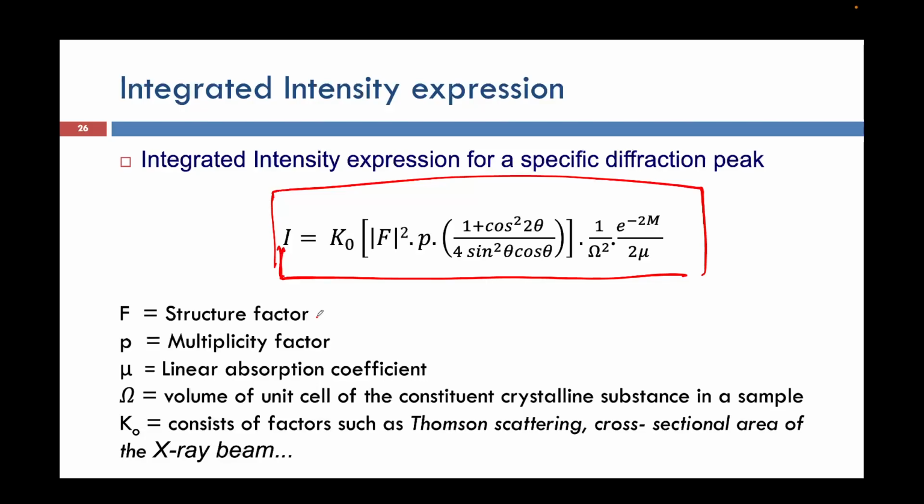This K naught takes into account Thomson scattering and the cross-sectional area. This is the temperature factor, the absorption factor, the Lorentz polarization factor, the multiplicity factor, and the structure factor. These are the 5 different factors we have to consider while calculating the integrated intensity for a diffraction peak.